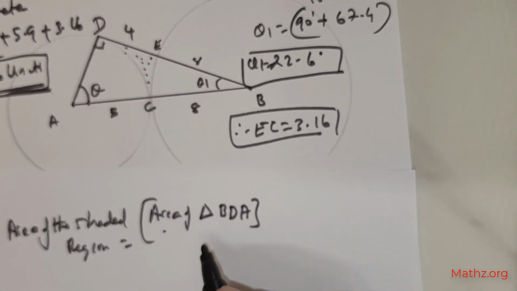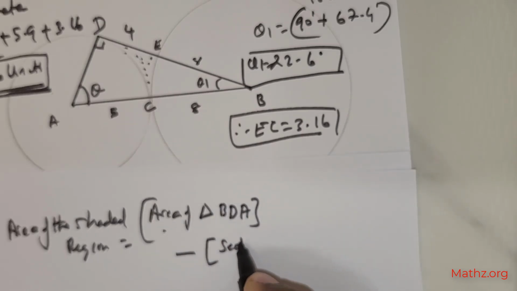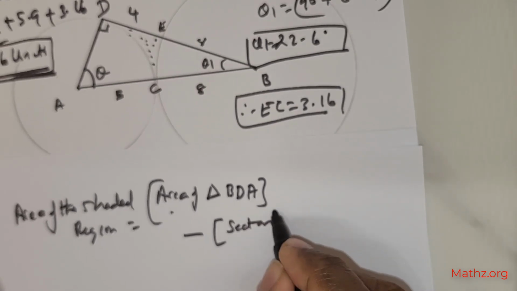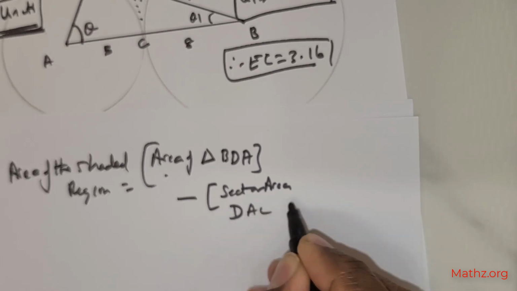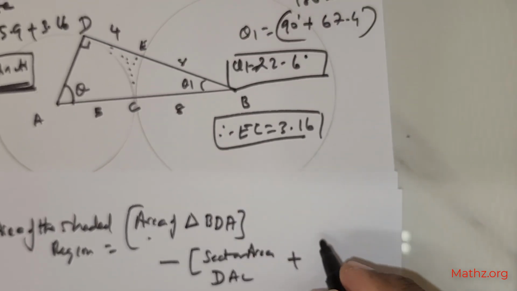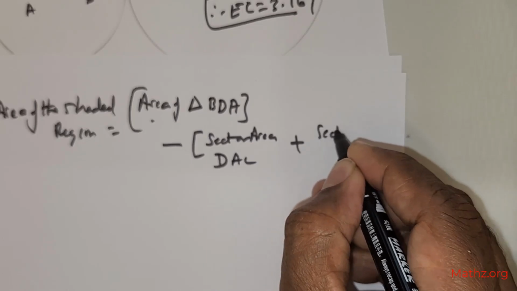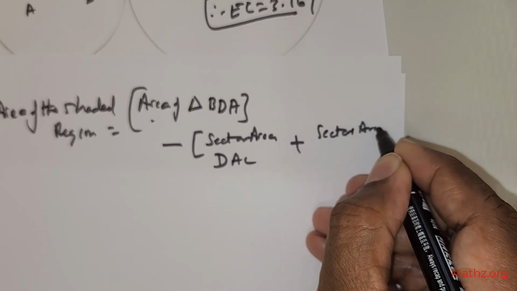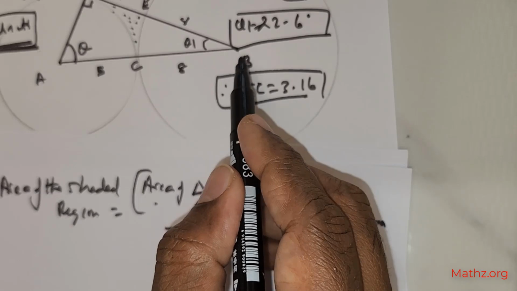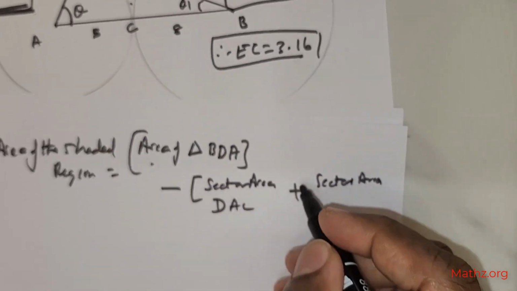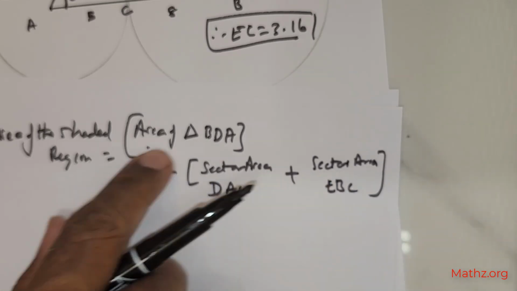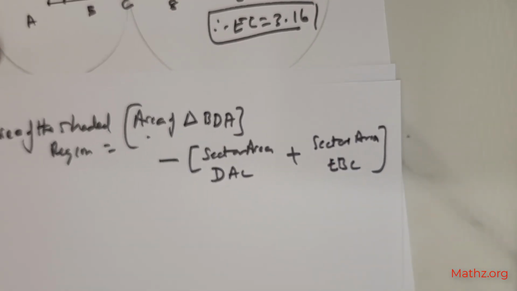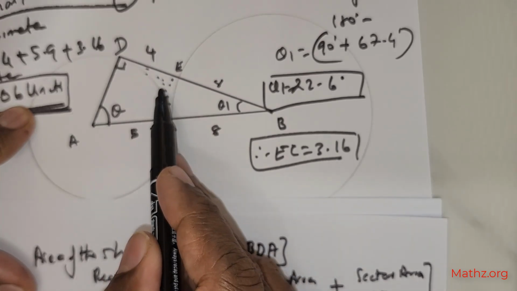From the area of the triangle BDA, you have to take out the sector area of DAC, and then the sector area of EBC, right? That entire calculation would give you the area of the shaded region.